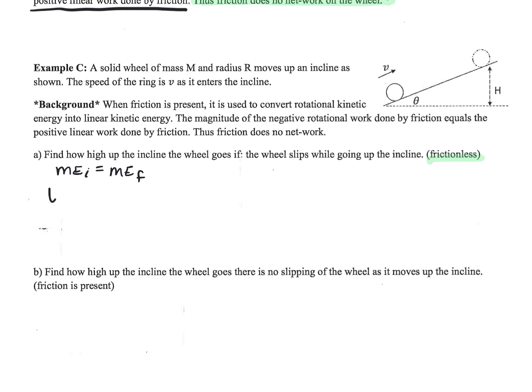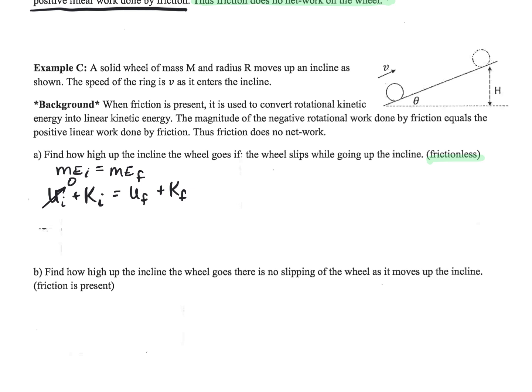In other words, U initial plus K initial equals U final plus K final, right? So at the bottom of the incline, is there any gravitational potential energy? No. So this goes to 0.